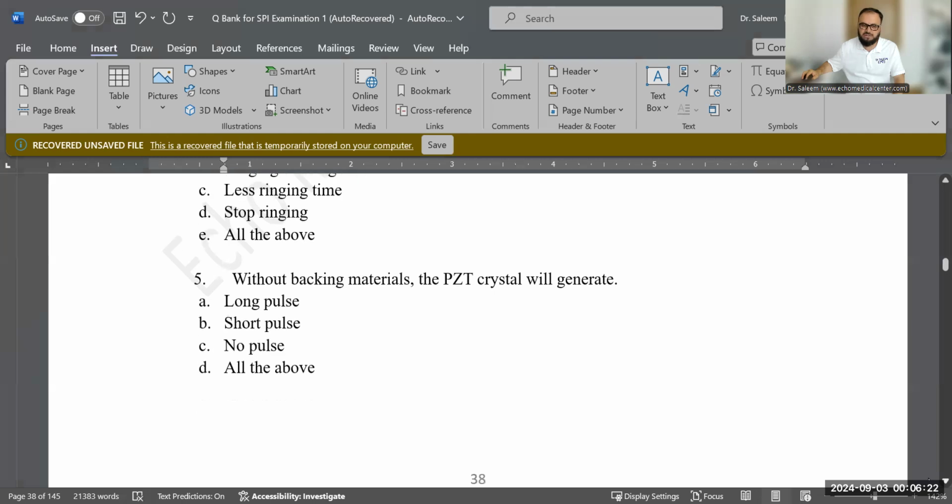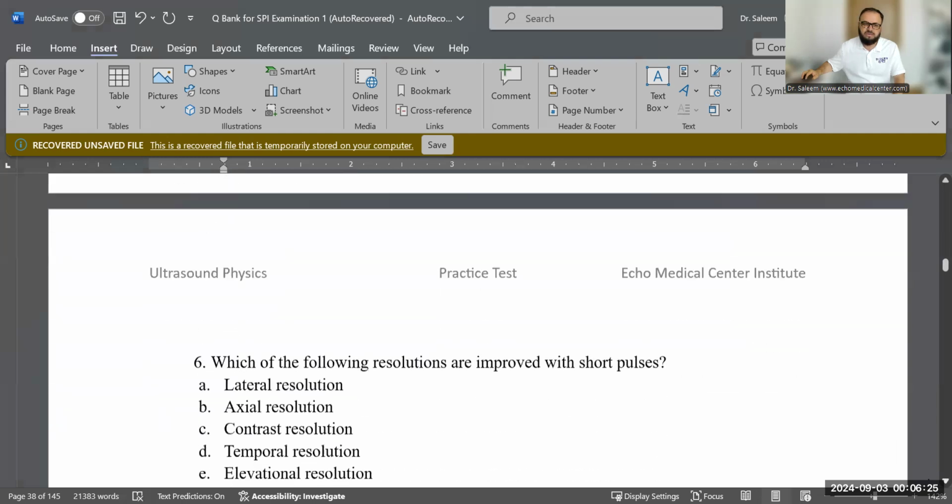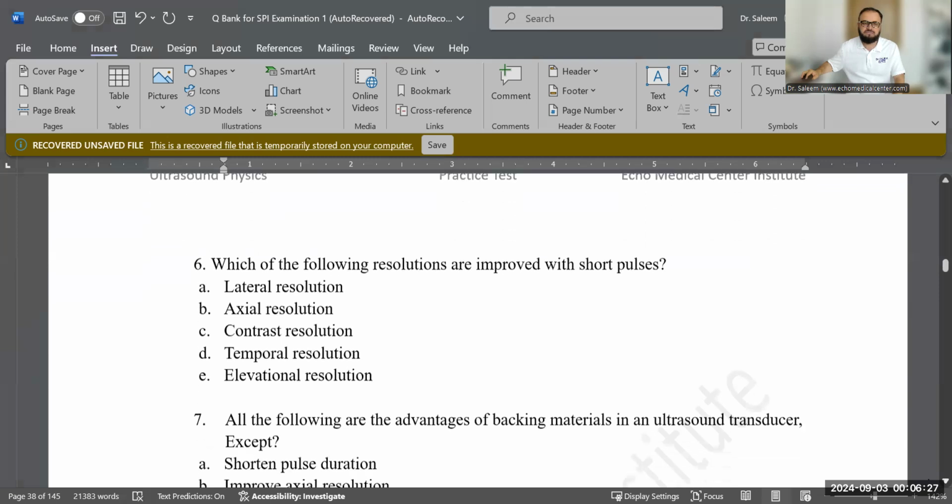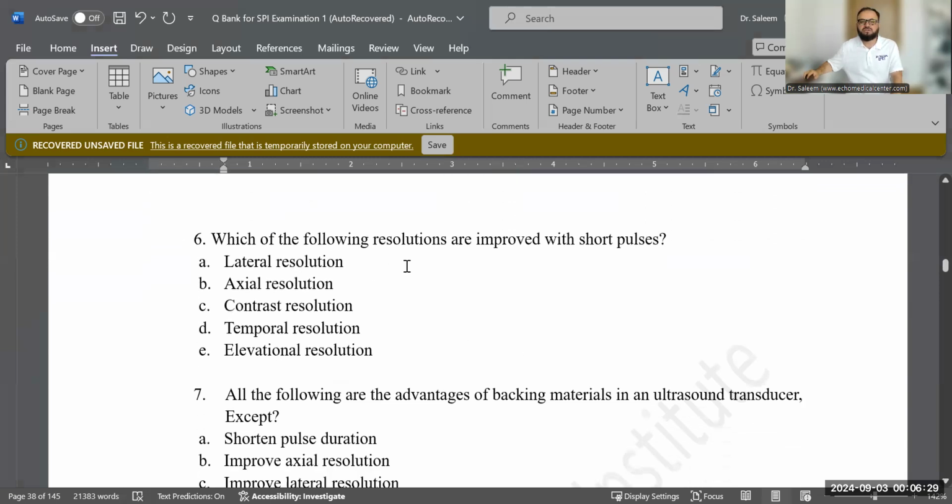Let's do the next one. Okay, the next question is, which of the following resolutions is improved with short pulses? If the pulse generated is very short, either with a shorter SPL or fewer cycles, it's a very short pulse. What do you think?